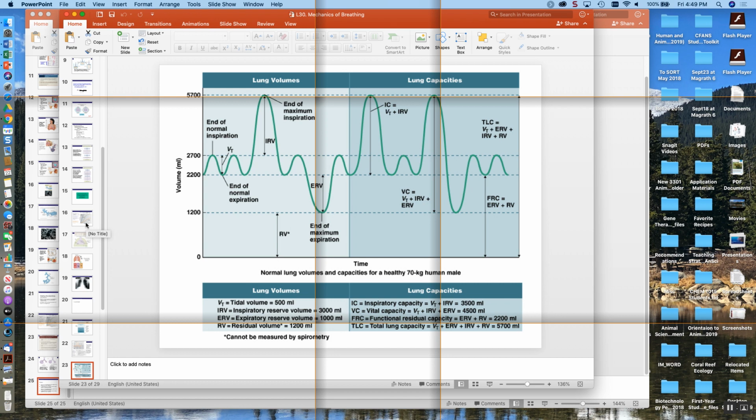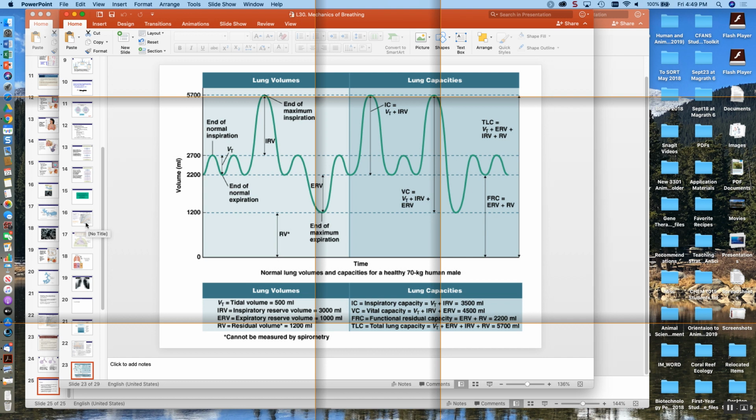The capacities are this. Okay, here's the definition of a capacity. I better start with that. The definition of a capacity is the sum of at least 2 volumes. Okay? So the first capacity is inspiratory capacity. It's the tidal volume plus the inspiratory reserve volume.